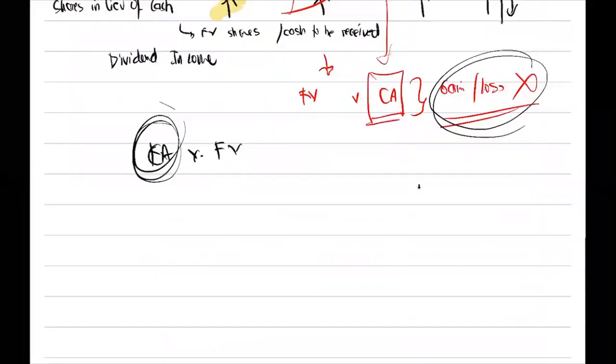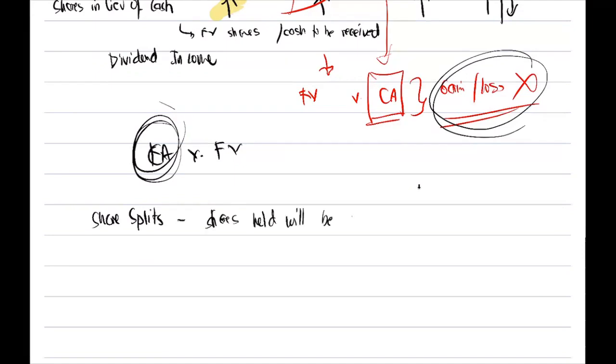Next topic, we have your share splits. So what is a share split or stock split? When we say share splits, your shares held will be split to a higher number of shares or a lower number of shares.